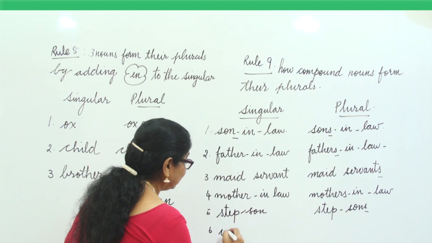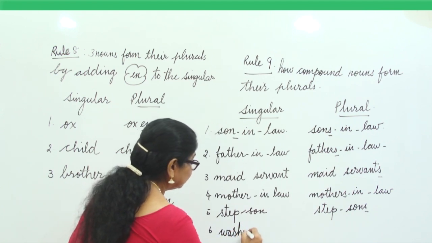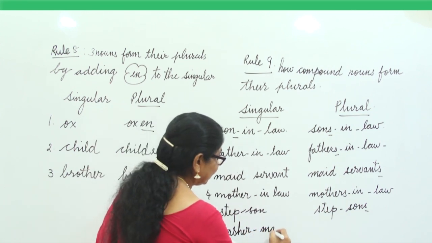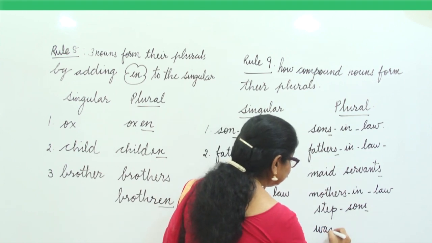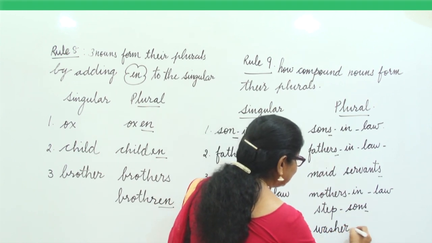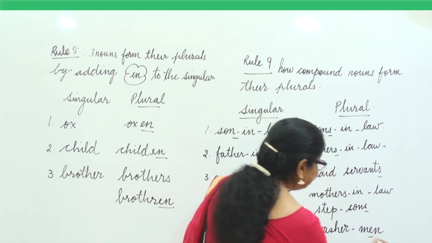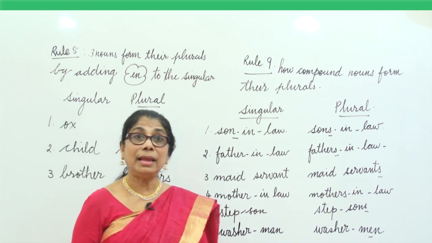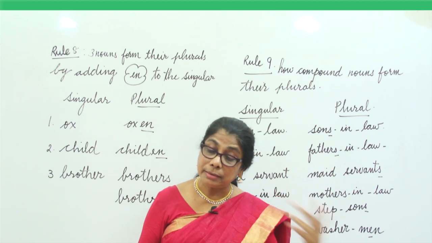Okay, now washerman. You also have a compound word. Washer, man. And how will it become the plural? Washermen. Man becomes men. You change the inside. Then you say commander in chief, commanders in chief.